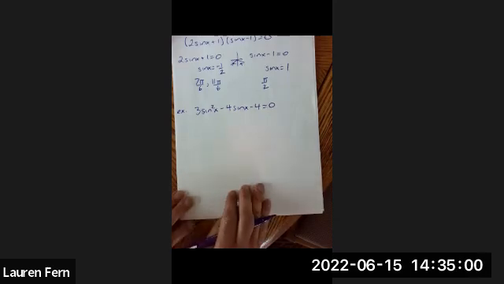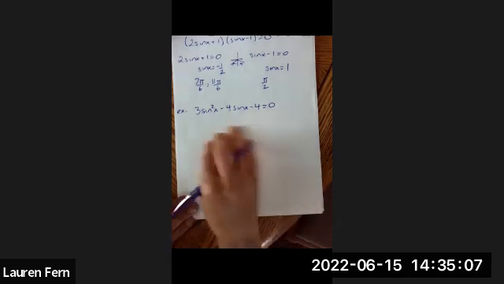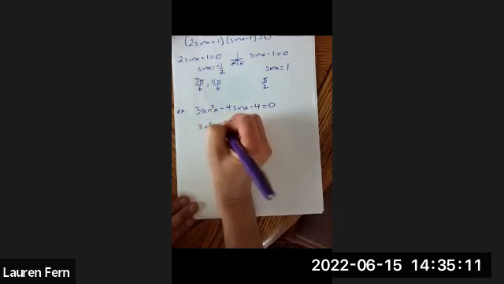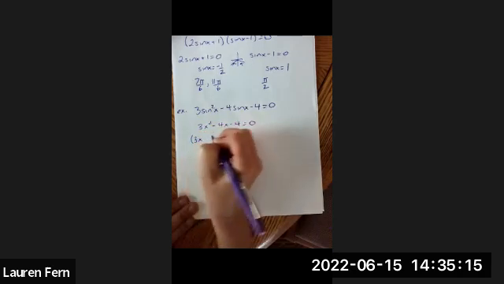And in fact, we actually can. Yeah, we can. So let's do that. Notice if I have 3x squared minus 4x minus 4 equal to 0.